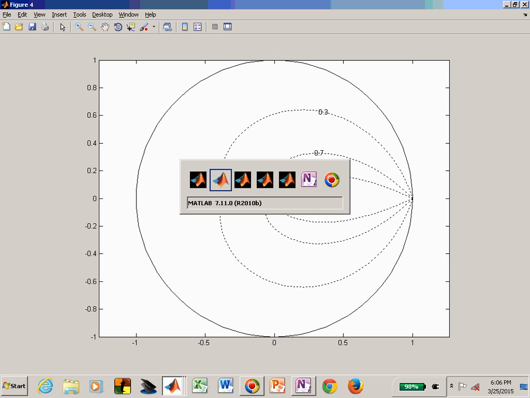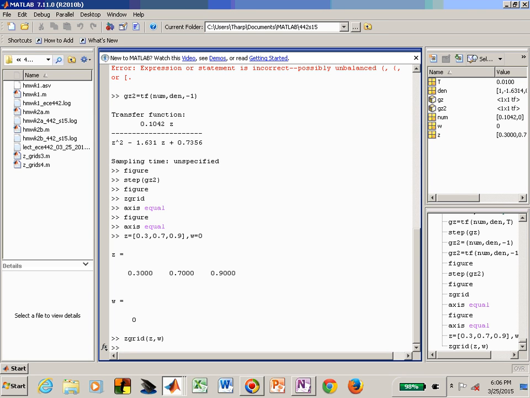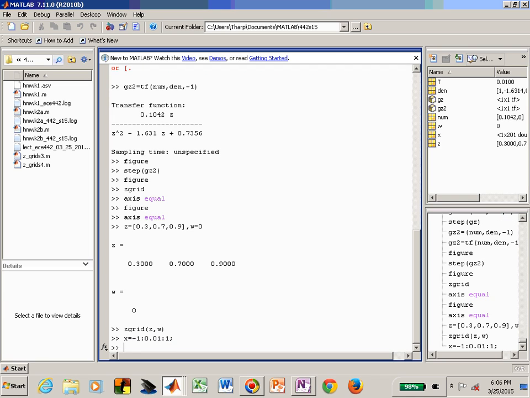And if I wanted to, I could even put the horizontal and vertical line in there by sort of cheating a little bit and say x equal -1, oh, let's make it a little bit fine, up to 1. And now let me say y is equal to 0 times that x.